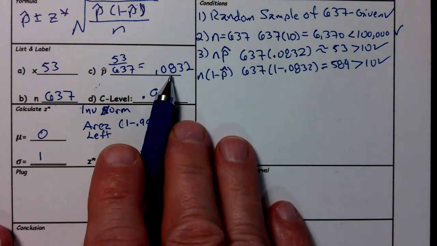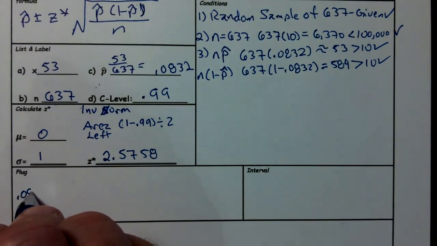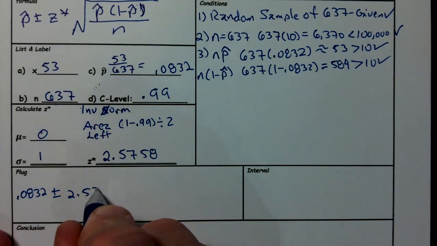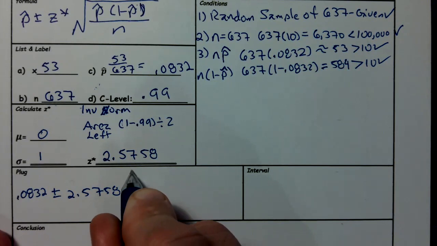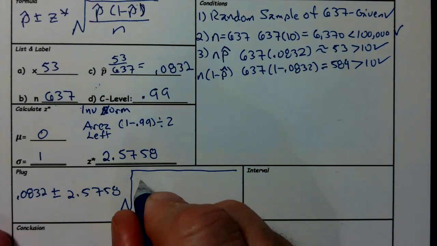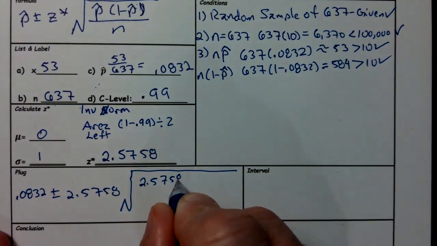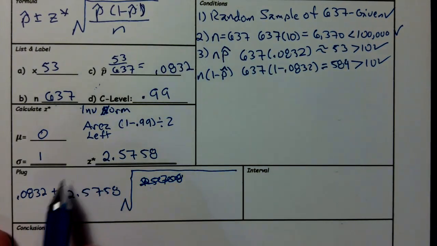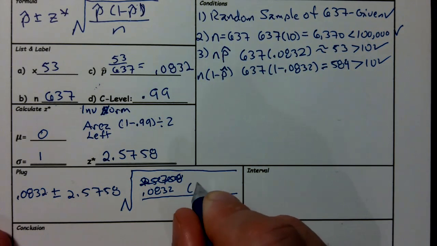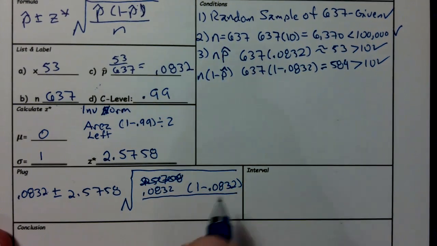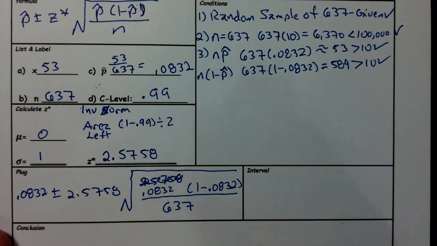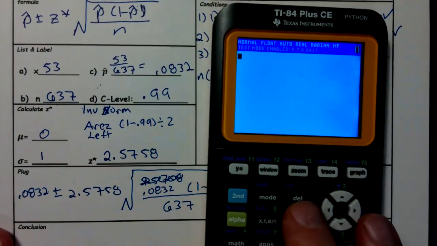So p hat, 0.0832, plus or minus our z star, which we just found, 2.5758, times the square root of 0.0832 in the numerator, and then 1 minus 0.0832, over my sample size, which happens to be 637. All right, letting the calculator do her work.